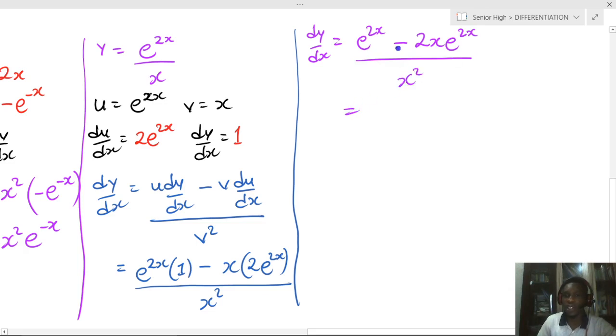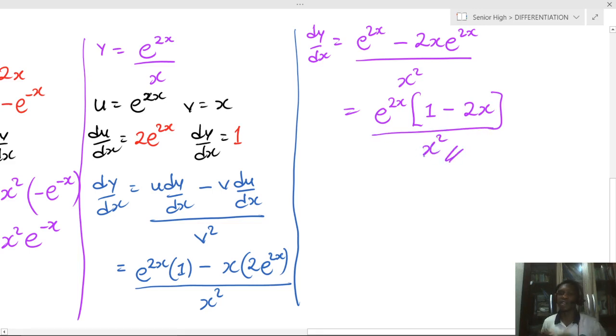And we can factorize this. Since we're having exponential 2x and exponential 2x here, we can factor them out: exponential 2x brackets 1 minus 2x, all over x squared. And that's the answer, so you can stop here.